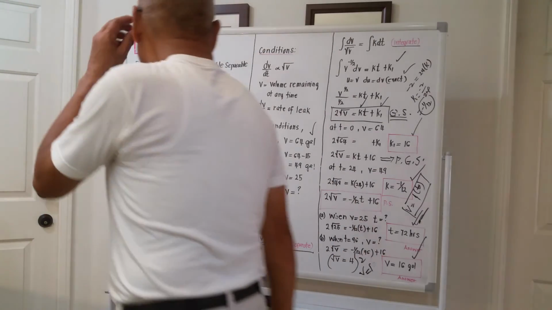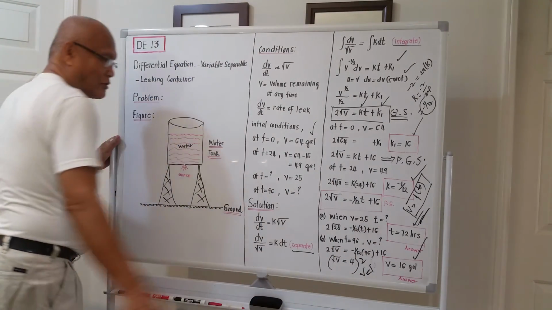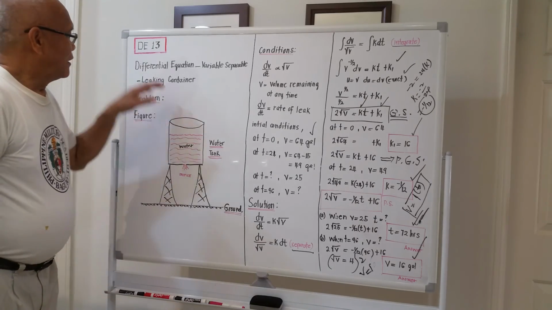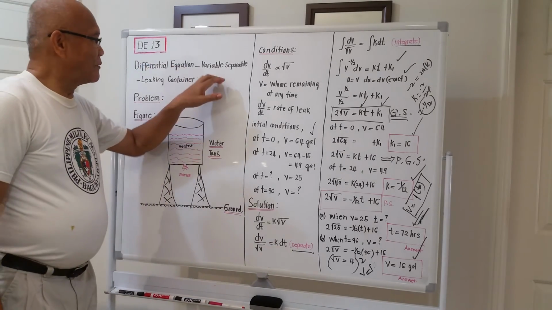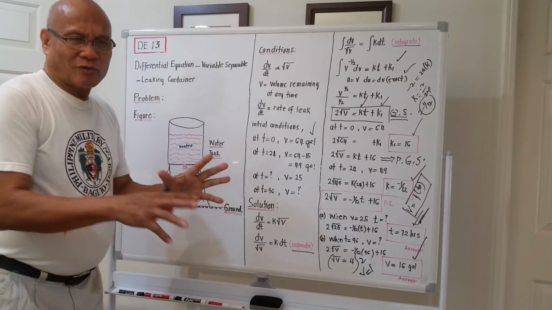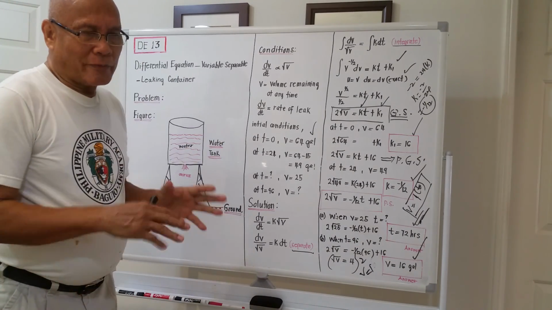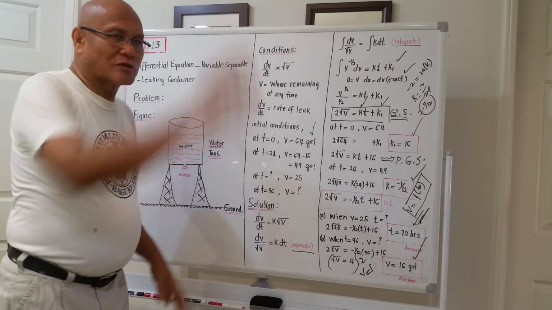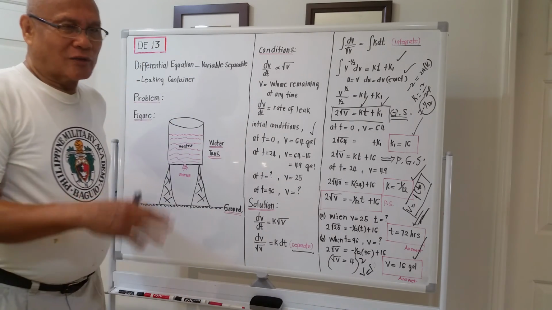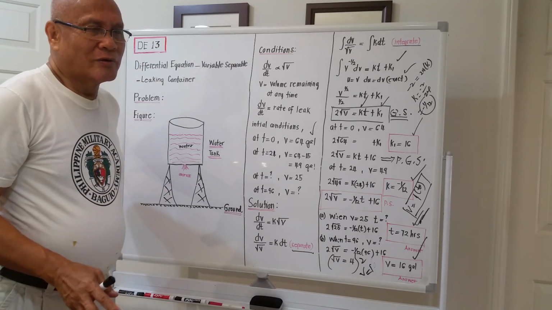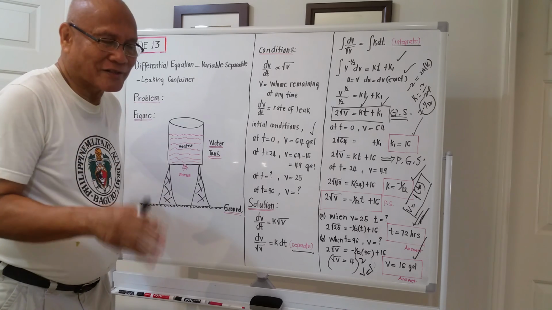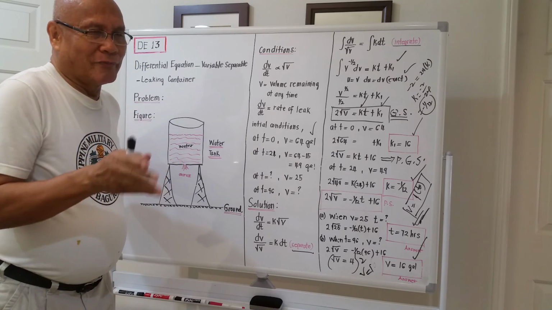Okay, guys? That's an application of a differential equation under the topic variable separable. So actually, you could relate this one to the fuel of a space shuttle going into space. Scientists know when the fuel for that shuttle will be diminished.